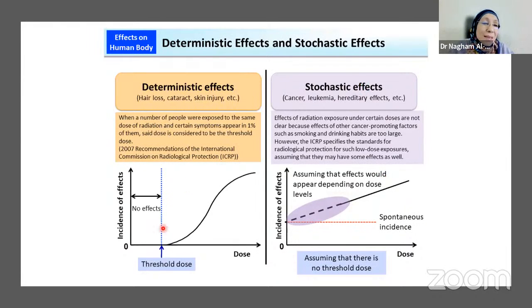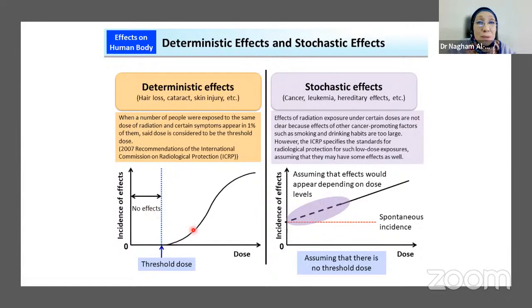You can see in the graph that explains the deterministic effect, which could be hair loss, cataract, skin injury, something we can see with our eye, a clear effect. You can see this period where there is no effect. So this is something we can estimate, we can measure. We know at which point those mostly visible deterministic effects will start to appear.